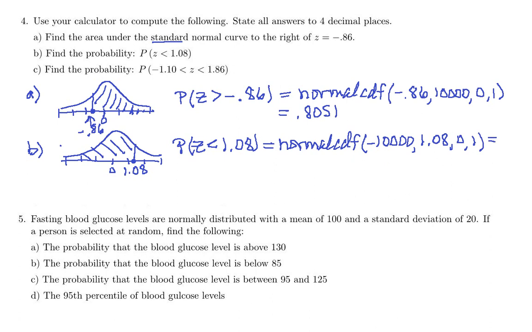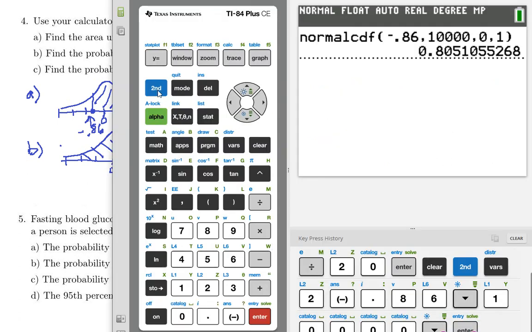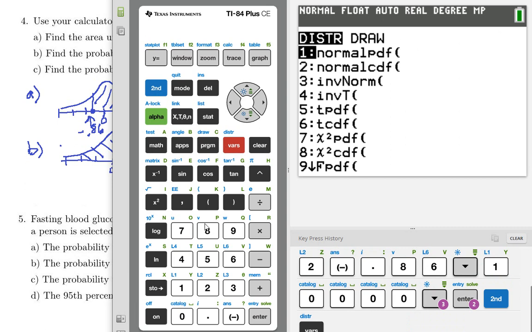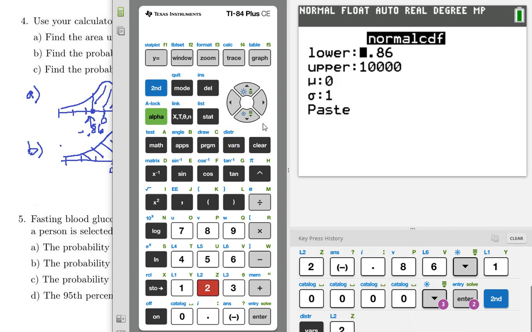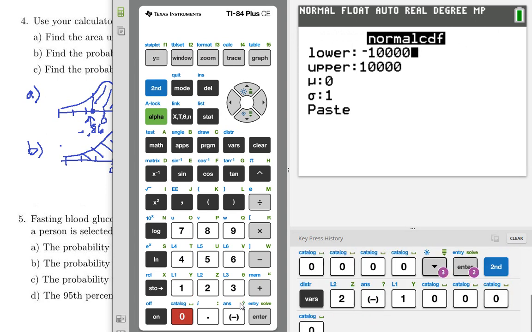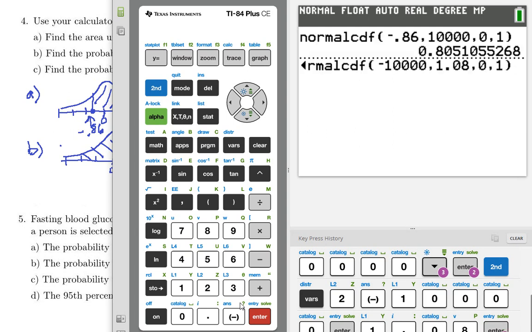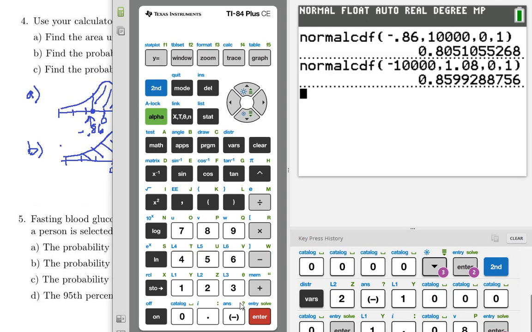So let's enter that in the calculator. Second variables, number 2. So negative 10,000, 1.08, and 0, 1. 0.8599.